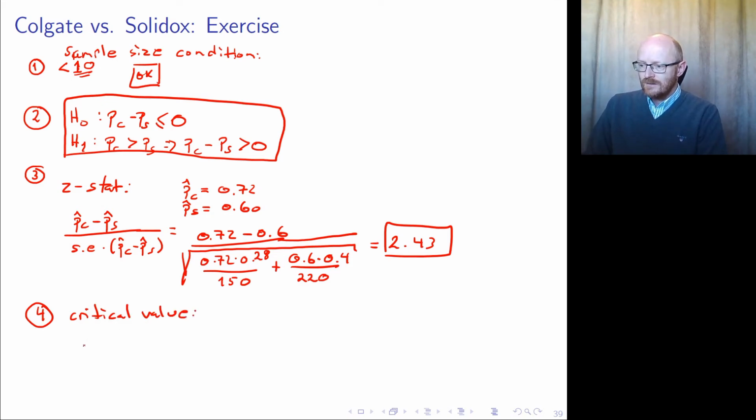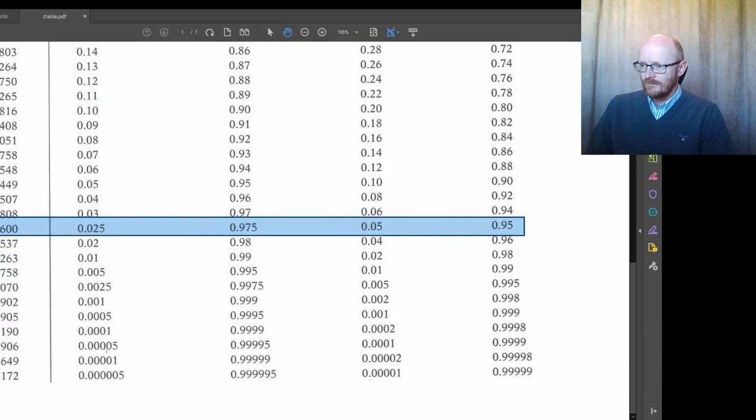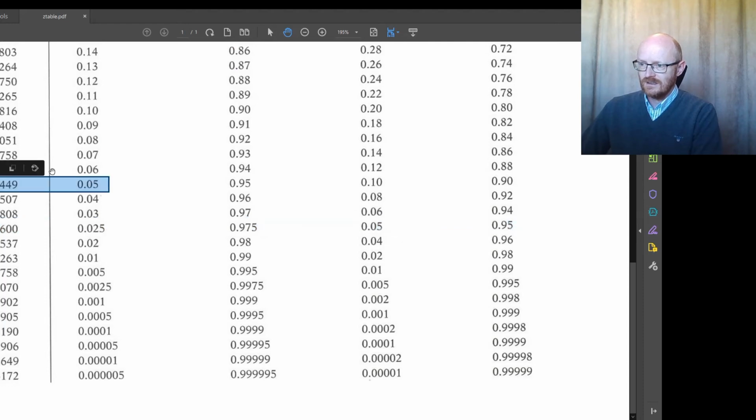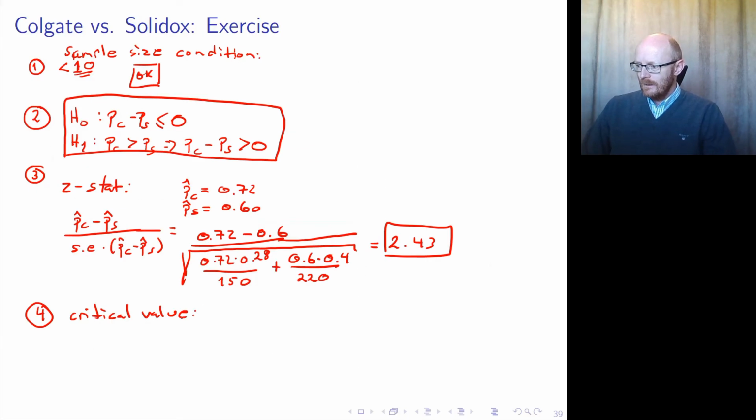You look up in the Z table, for example the one-sided test, and the critical value is 1.64.